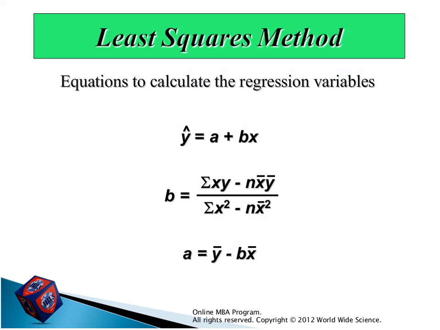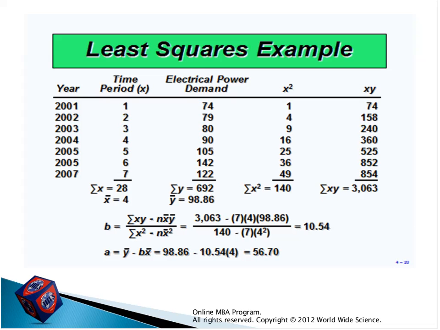X bar, that we have in the formula, can be calculated by sigma x divided by n, because this is the average of x.